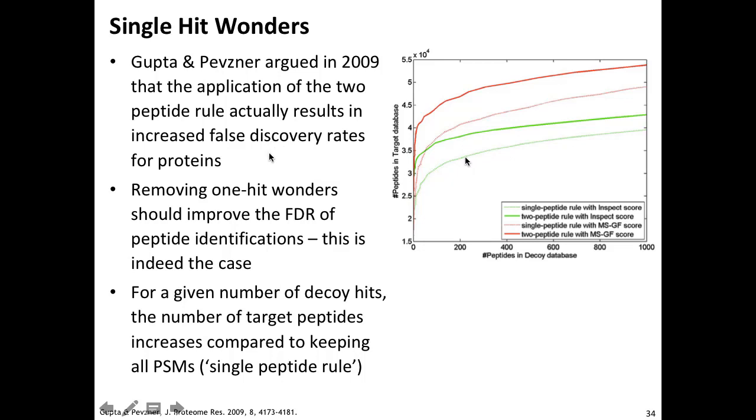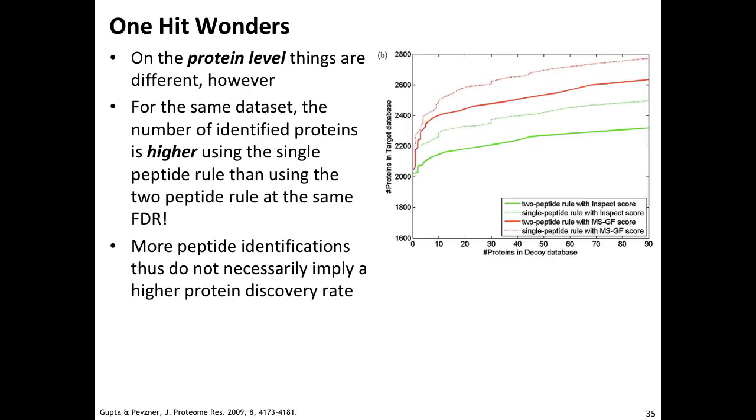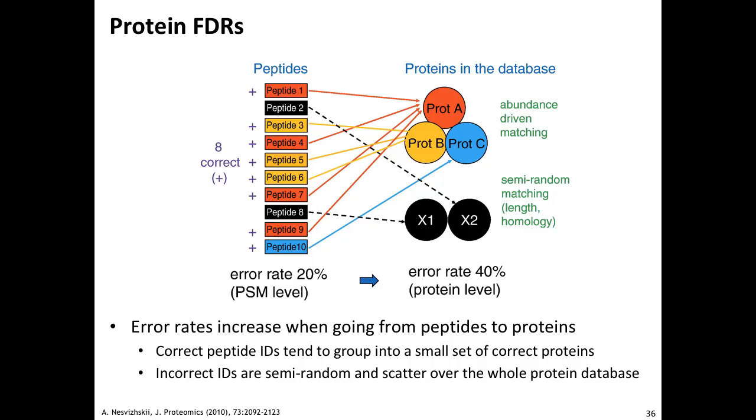And you see you get more correct target hits at the same FDR. However, these are PSMs. They are not proteins. And curiously, if you do that on the protein level, the picture is exactly inverted. You actually get fewer protein identifications if you do it that way. The statistics behind that are not really straightforward. But having more peptide identifications does not necessarily mean that you have more protein identifications.